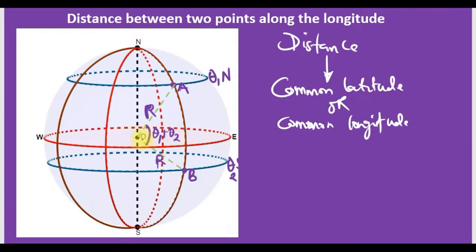If we take this as latitude 0 and move up, the first part is theta 1, while the second part is theta 2. So the total angle is theta 1 plus theta 2.